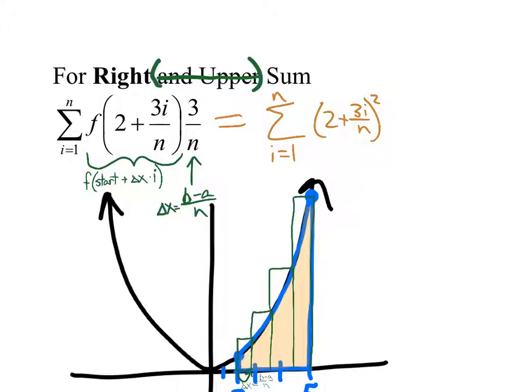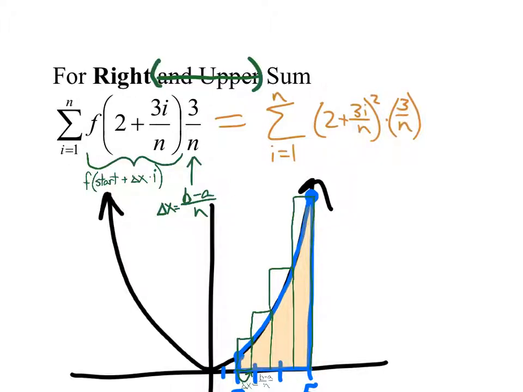Because f of x is x squared. I'm taking f of this, so it's this squared. But then I multiply that by the 3 over n. In general. And guess what? That ought to look familiar, because that's what we took the limit as n approached infinity of in the warm-up problem.